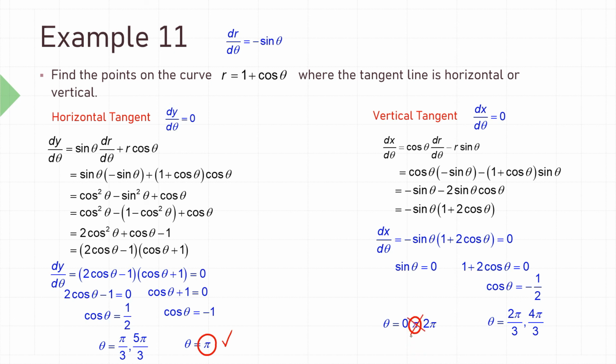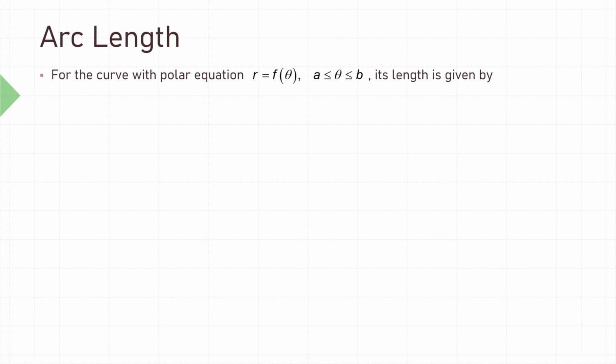For these questions, where are the thetas when we have the horizontal tangent? At this point and this point. But for the vertical tangent, the theta will be 0, 2 pi, this one and this one. All right, that's it.